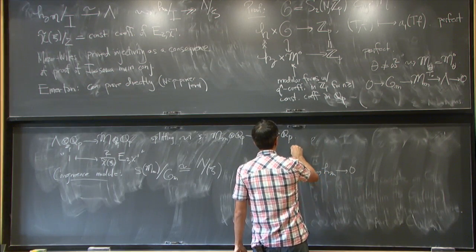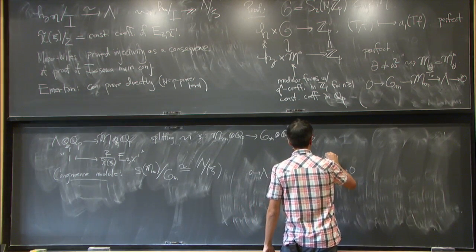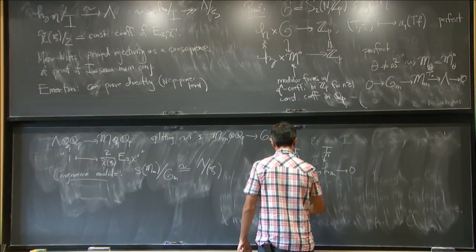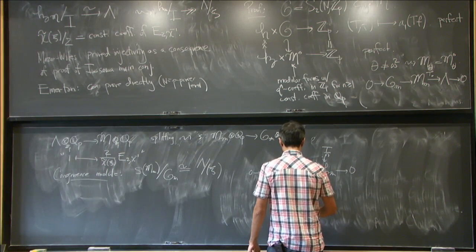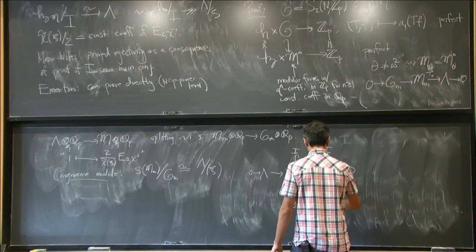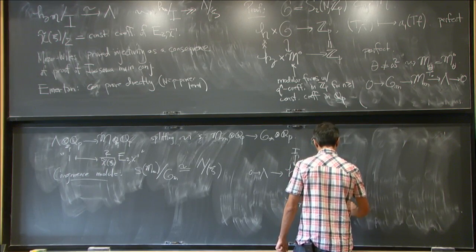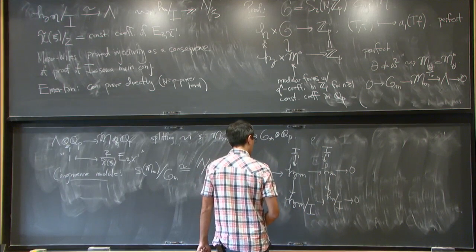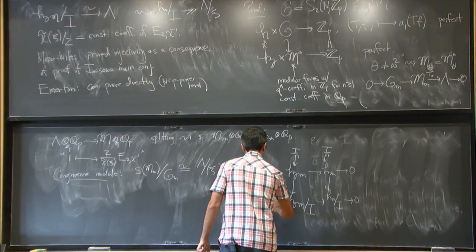And here we have the Eisenstein ideal. And so we have H mod I and H mod I. And right, and here we have lambda.